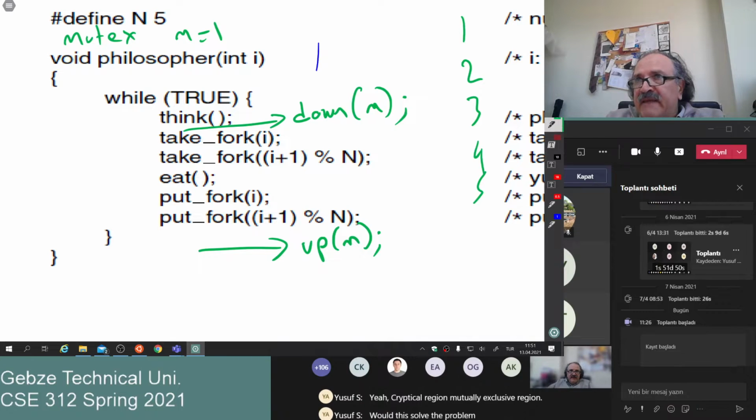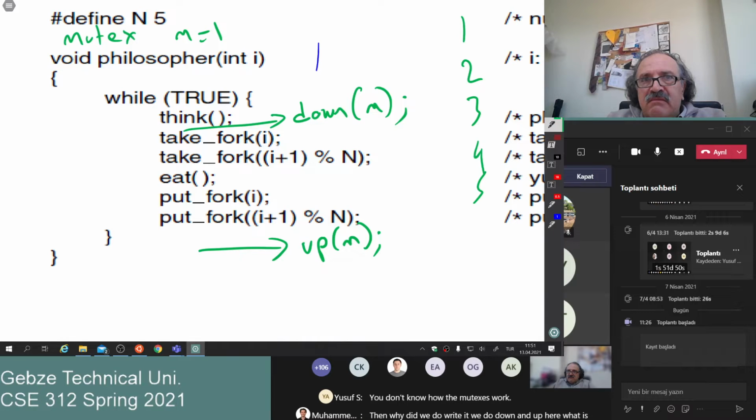Do you see any race conditions? Sir, I didn't get what you did here with down and ups. Can you rephrase it again? You don't know how mutexes work? No. Why did we do down and ups here?